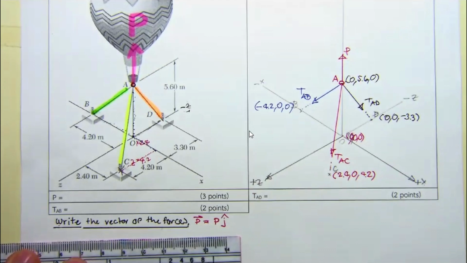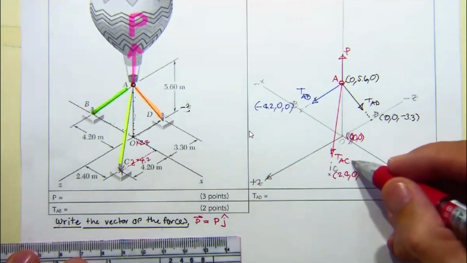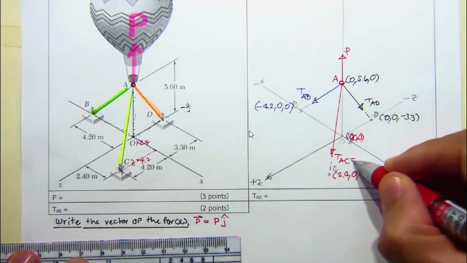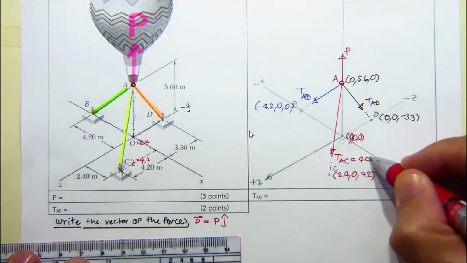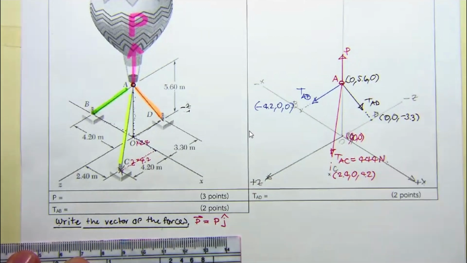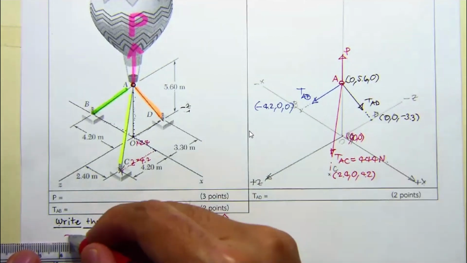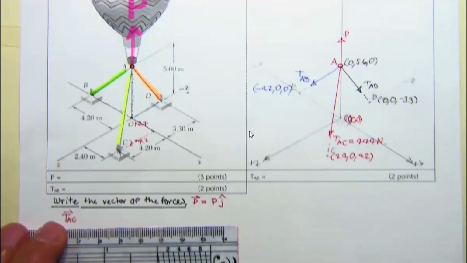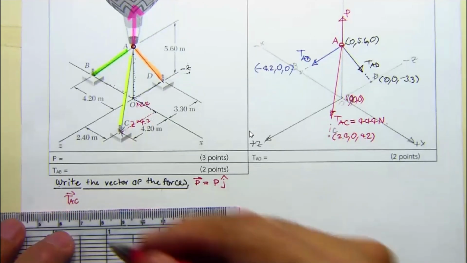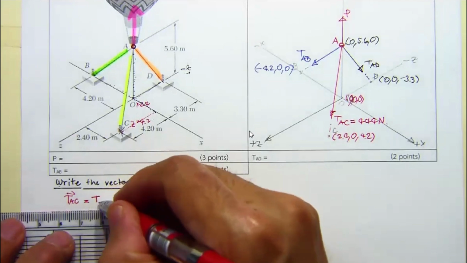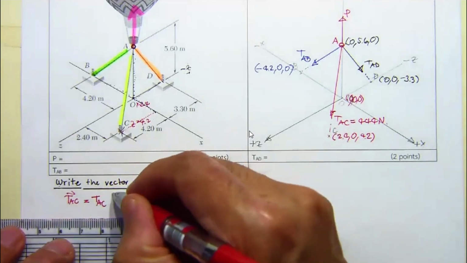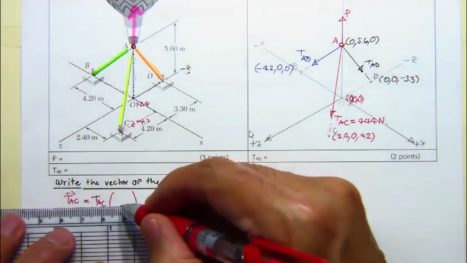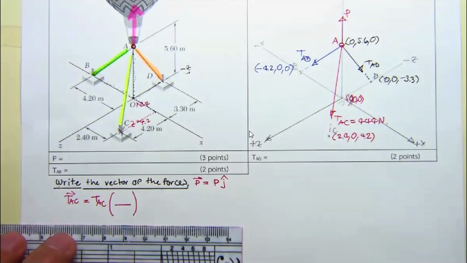Then you know the T sub AC. You have the magnitude of this one to be 4 Newton. So T sub AC is equal to the magnitude times the direction. We put the direction in the form of a unit vector.